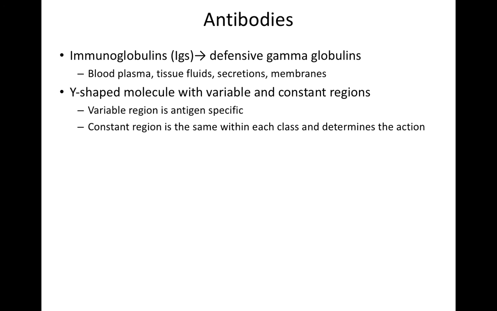So picture that you have 5 different lobster bodies and an infinite number of claws that could go on them. The body determines the action. So the constant region determines what the antibody will do and how it will function. So the 5 classes are IgA, IgD, IgE, IgM, and IgG.